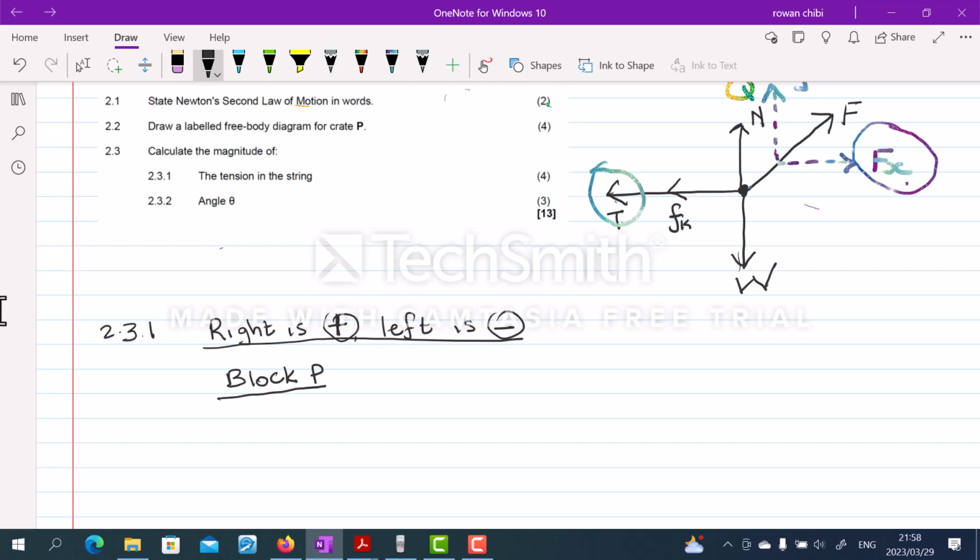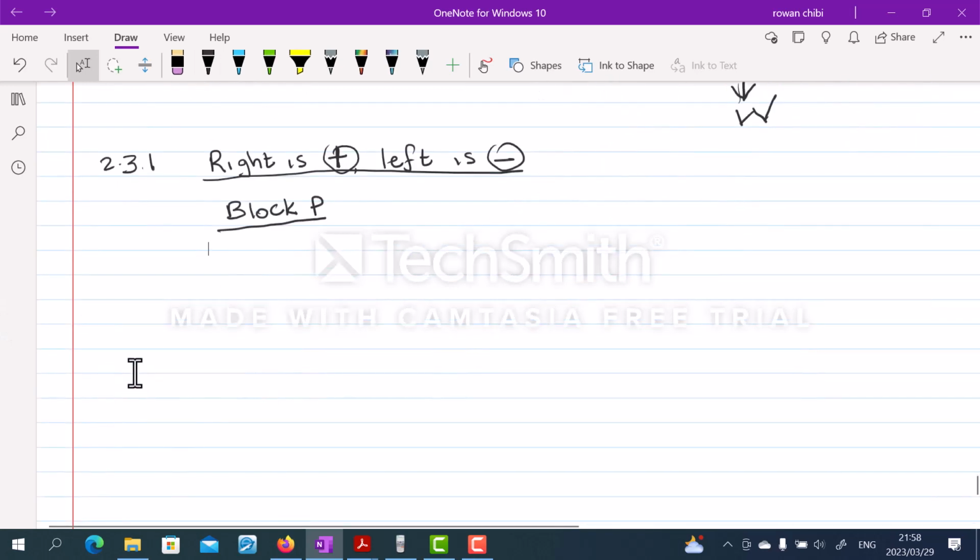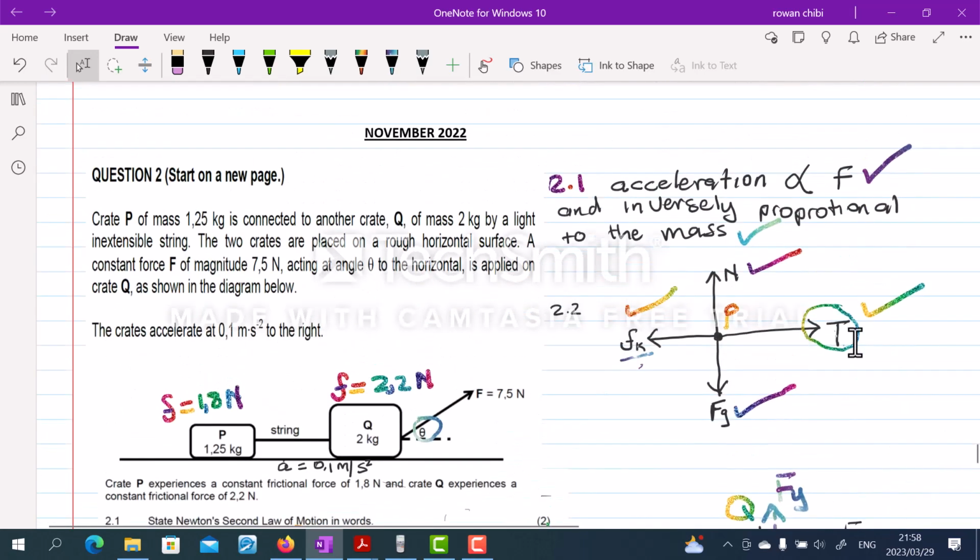For the object P, we use Newton's second law. We say F net is equal to ma. Now let's look again at object P. There are two forces that are pulling this one. The tension is pulling object P to the right, the friction is opposing that force of tension.